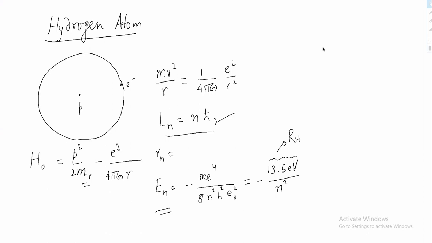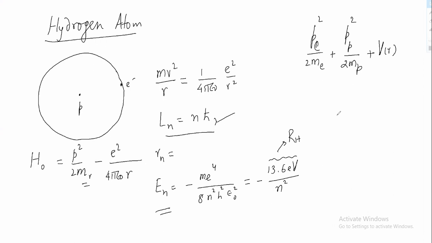Sir, assuming the proton is at rest, no. What we did, we started with, in general, the kinetic energy of the electron plus the kinetic energy of the proton plus the interaction energy.